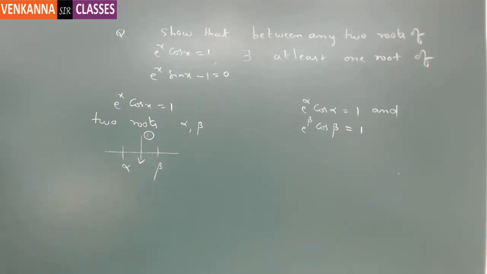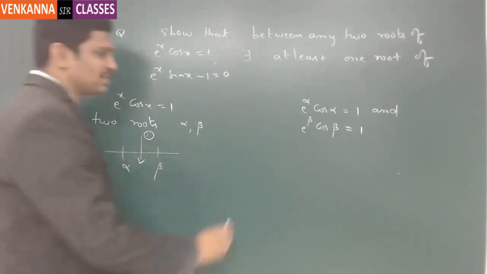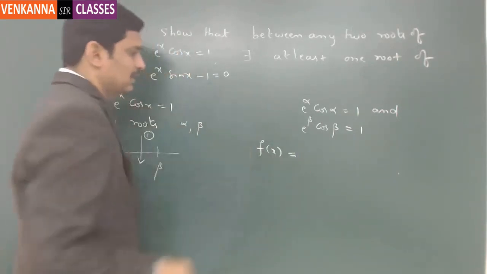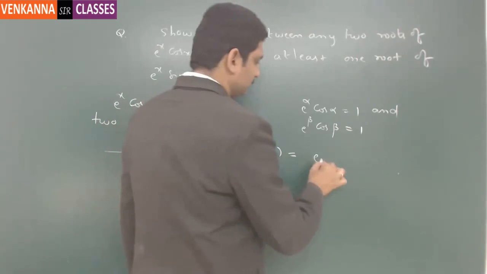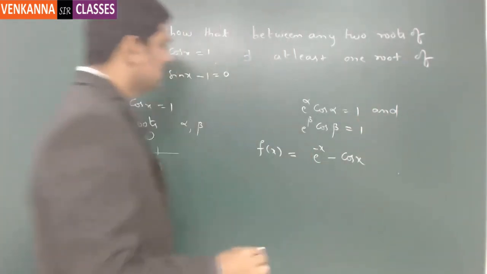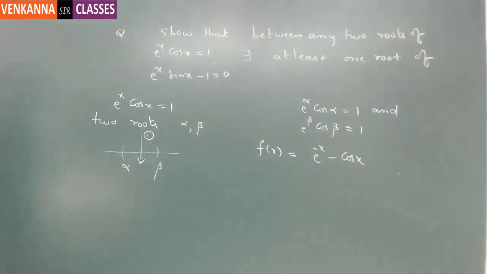Now we are going to define a function on the interval alpha beta which satisfies the conditions of Rolle's mean value theorem. So you are going to define the function as f of x equal to e power minus x minus cos x. Let us define like this.